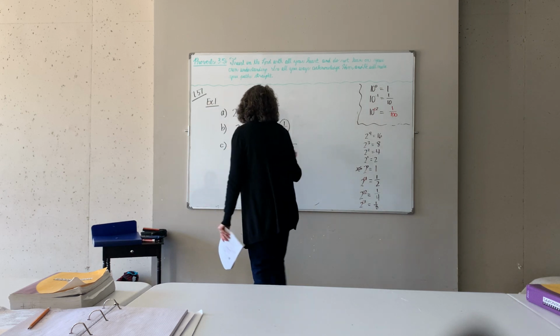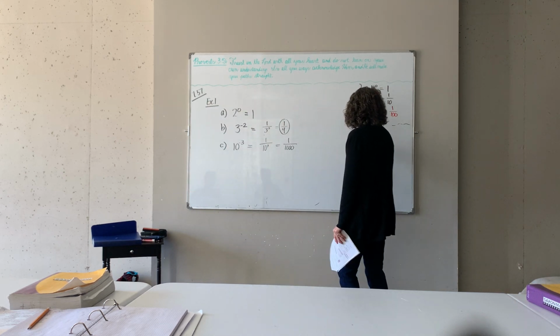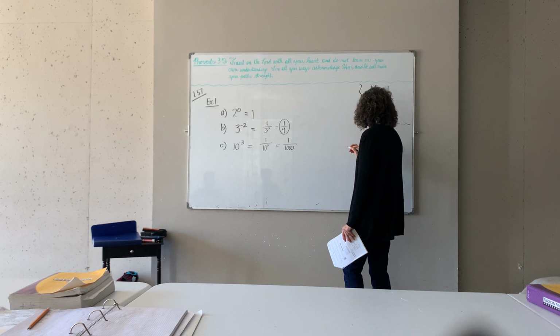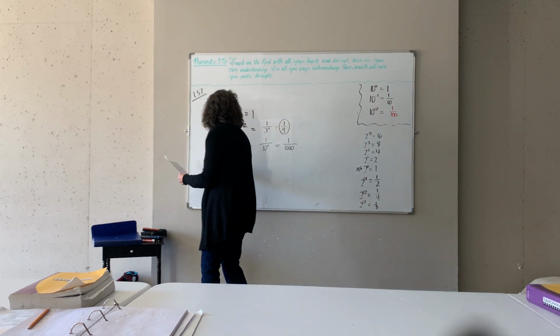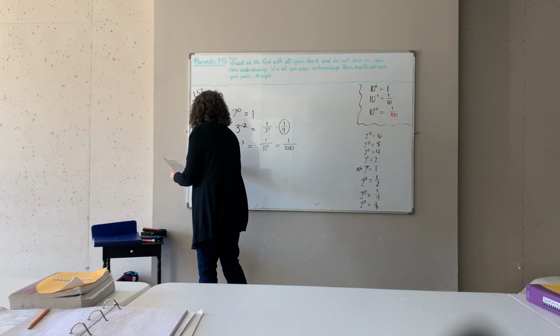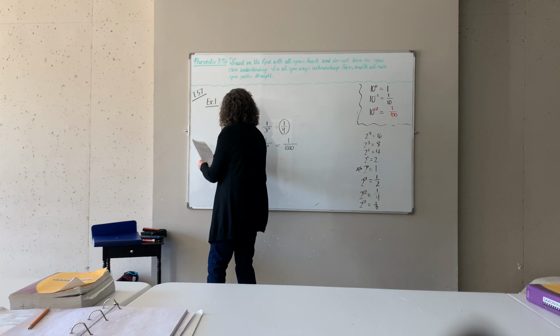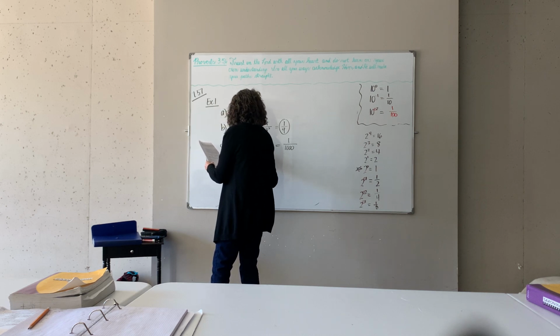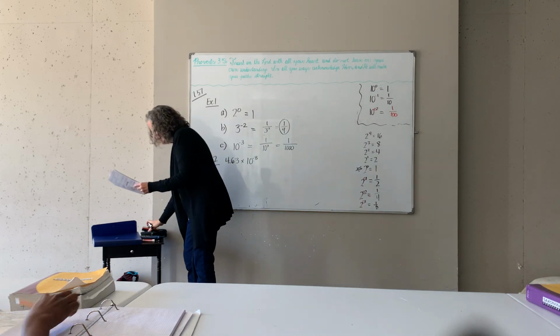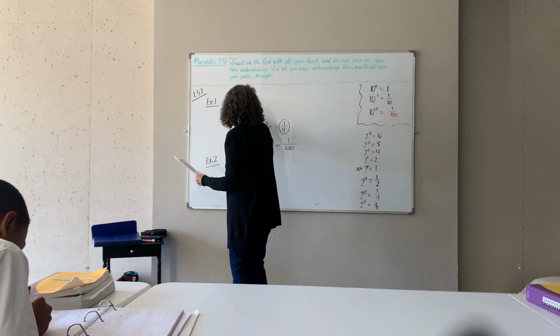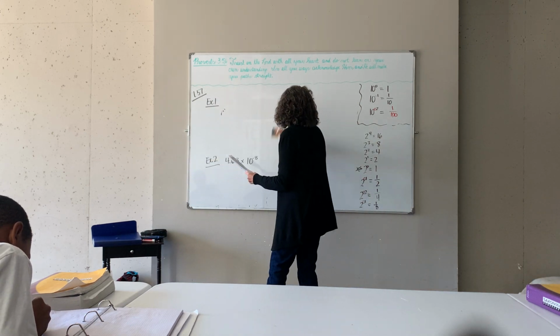Let me just make one up for a second. No, that's okay, I better go with this one. It's 4.63 times 10 to the negative 8.